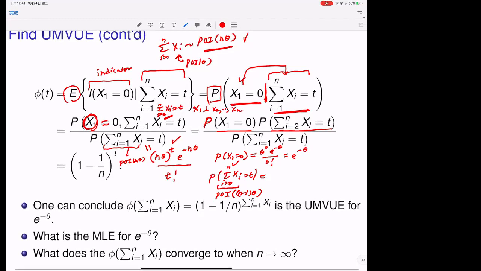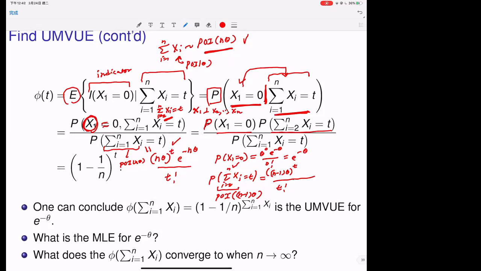The summation from 1 to n of xi is Poisson n theta, but the summation from 2 to n has only n minus 1 Poissons, so it's Poisson n minus 1 times theta. So here I have t factorial, lambda becomes n minus 1 theta, lambda to the t, then e to the minus lambda, where lambda is n minus 1 times theta.